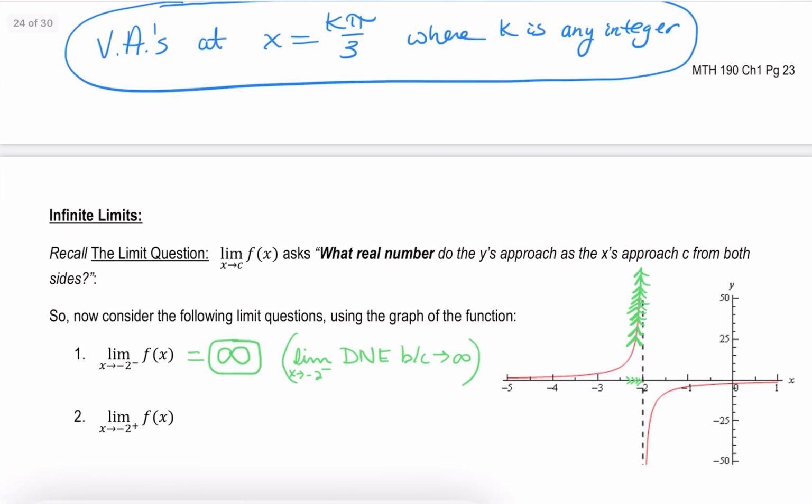All right, let's take a look at the limit as x approaches -2 from the right. So again, I'm thinking about values coming at -2 from the right, but traveling on the function. As I get closer and closer to -2 from the right, these values are going down to very large negative numbers. So this function is going to negative infinity.